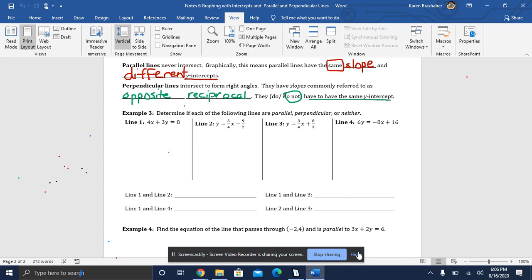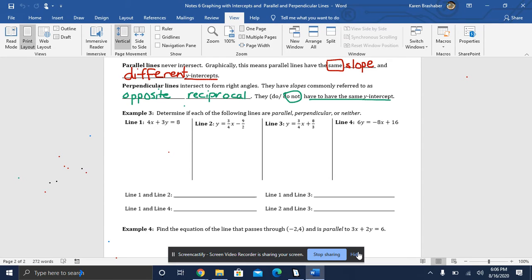Also, those slopes have to be reciprocals, which means if one line had a slope of 2/3, the other would have to have a slope of negative 3/2. So negative being the opposite sign, reciprocal meaning flipped over. And they might have the same y-intercept, but they do not have to.